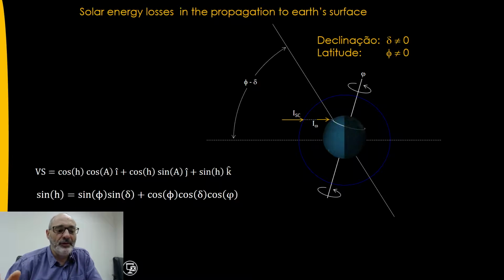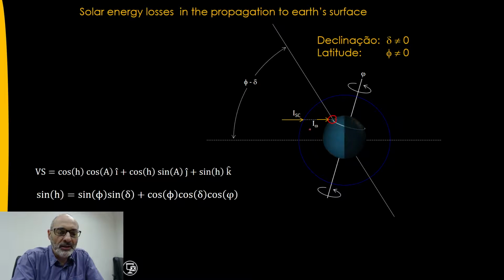Okay, so we now have everything. We know how to calculate the amount of energy that arrives at a certain position, a certain latitude, in a given hour of the day, and during the days of the year.